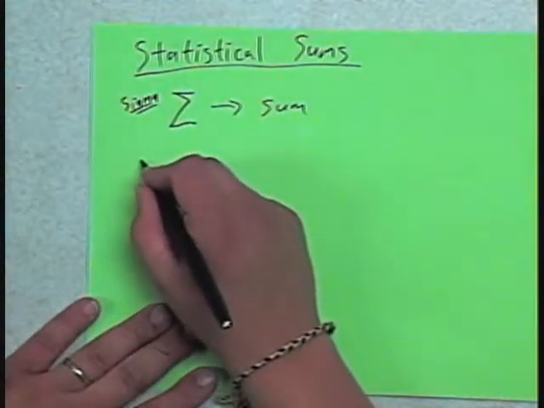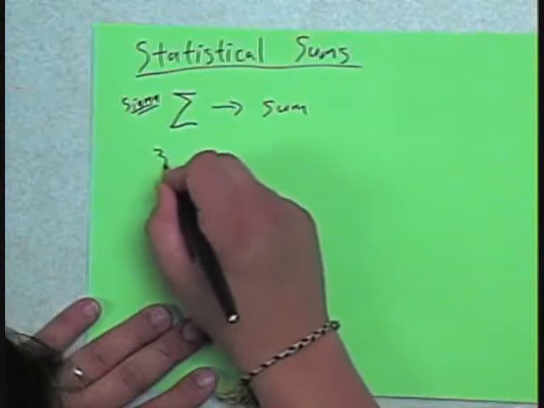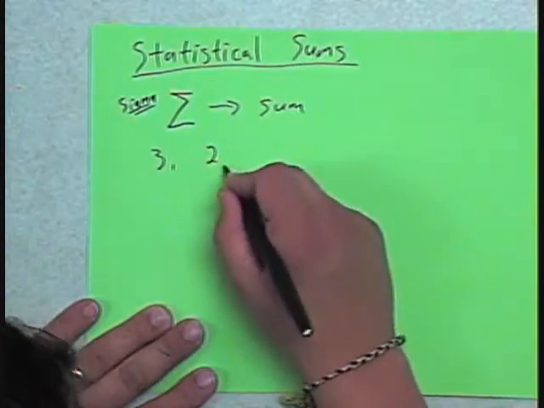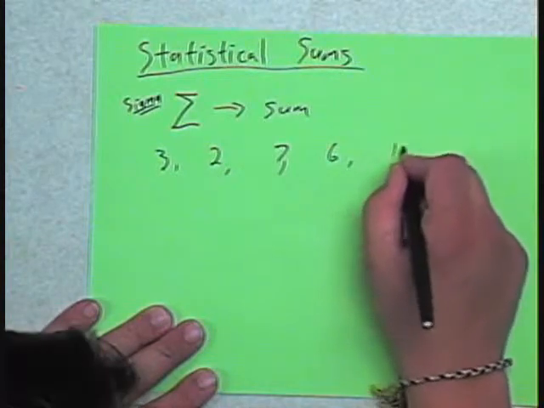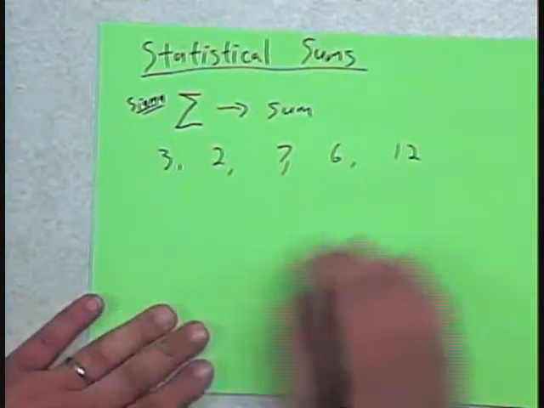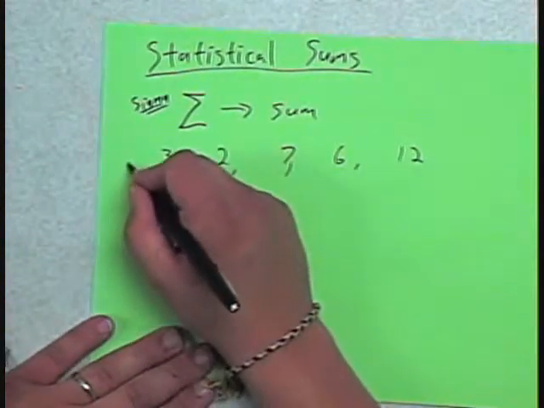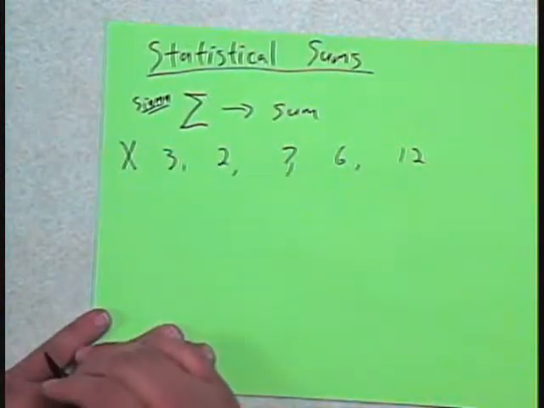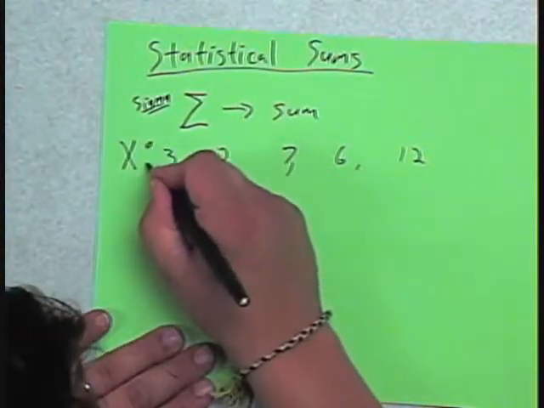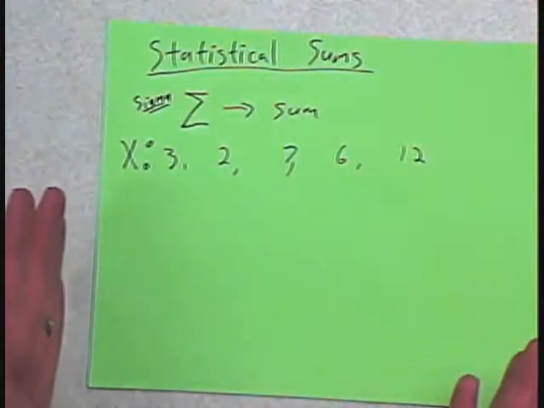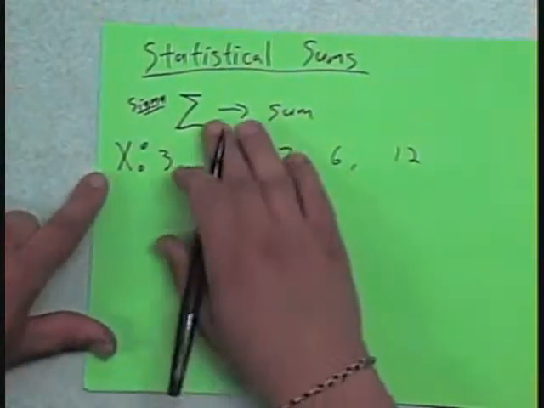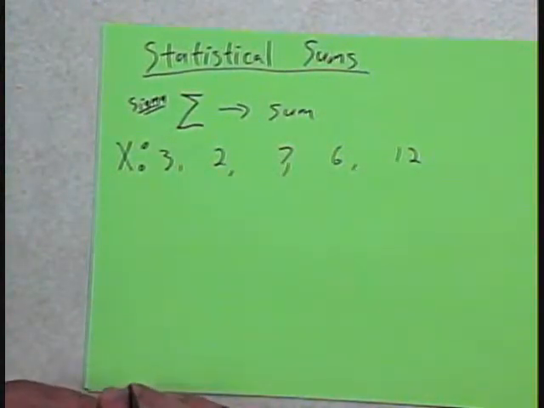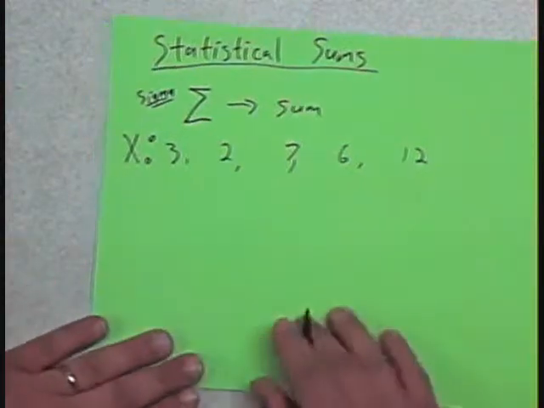Let's say I have a data set with these numbers: 3, 2, 7, 6, and 12. I'm going to represent this data set with the letter X, so I could call it sample X. Sample X has these 5 values in it. I do that because I'm going to use the X with the summation notation to represent a sum.